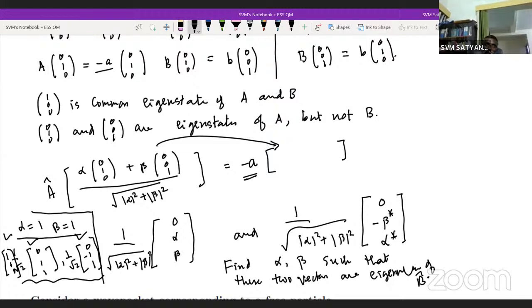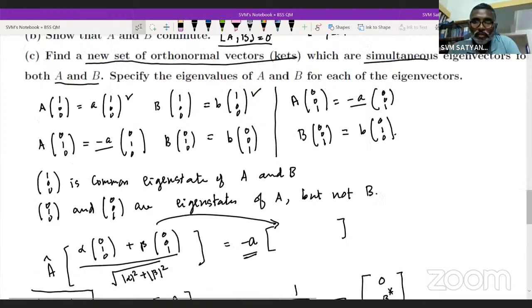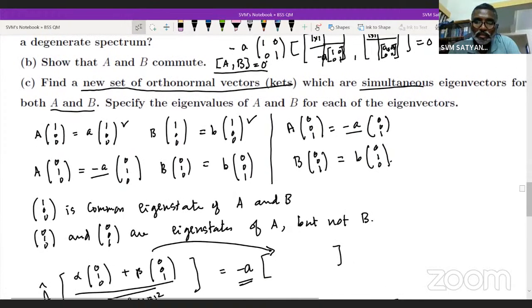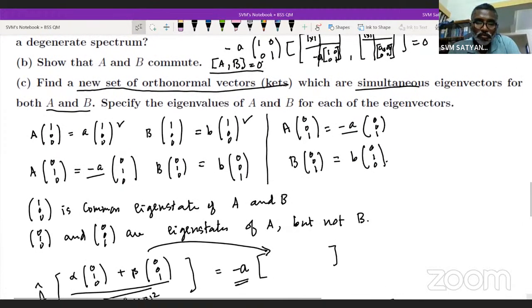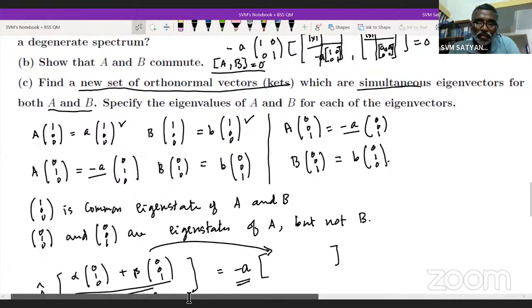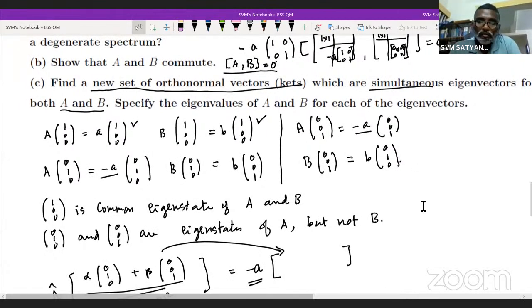If you look at the block diagonal form of this matrix, it is given by 0, 0, B, B, 0, right? So the block form is basically (0, B; B, 0). Now you find the eigenvectors of this matrix.